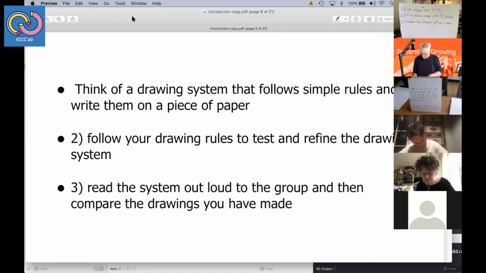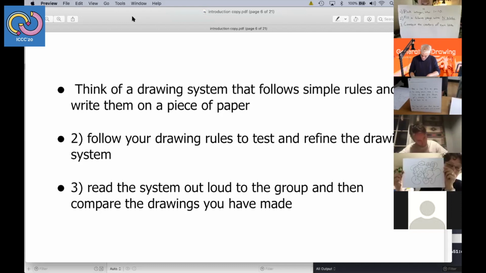Chip, you have to connect all the centers of all the blobs, right? Yes, exactly. Connect the centers of all, I guess.